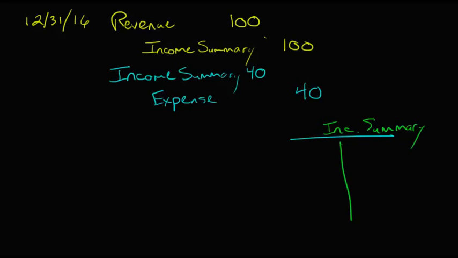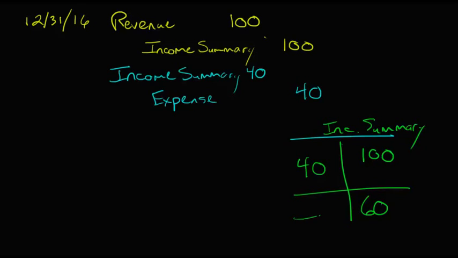So what did we do to income summary? Well, ultimately, we credited it here for $100, right? And then we debited it here for $40, okay? So what happens? Well, this ends up being a $60 credit balance, okay? So ultimately, we now need to zero out income summary, right?